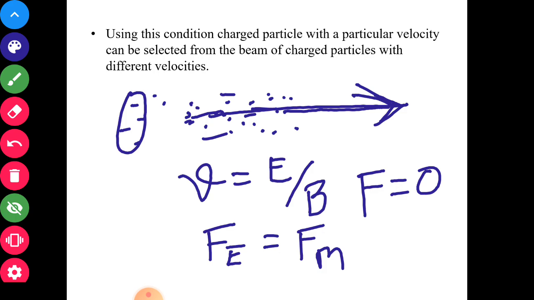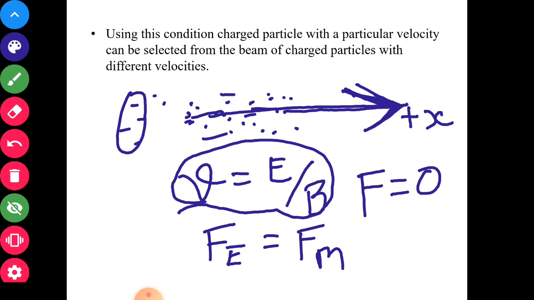And the particles moving in this positive x direction will have how much velocity? That velocity will be E/B. So those particles moving with velocity E/B can propagate without deflection. Others will go either in the upward or downward direction.